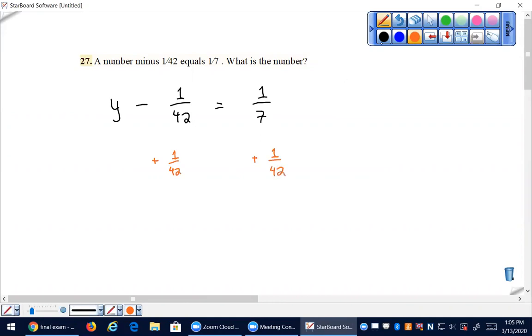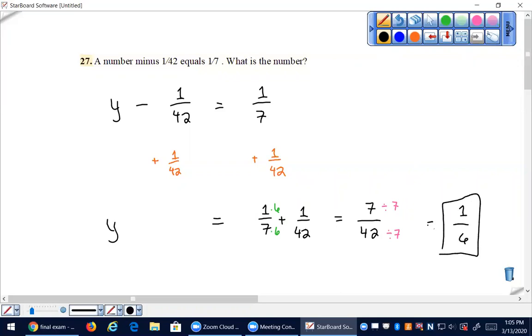Now, if your calculator has that AB over C key, you're allowed to do that. It would just be 7. Right there. You go. 1/6. But not too bad, even if we do it all out longhand.